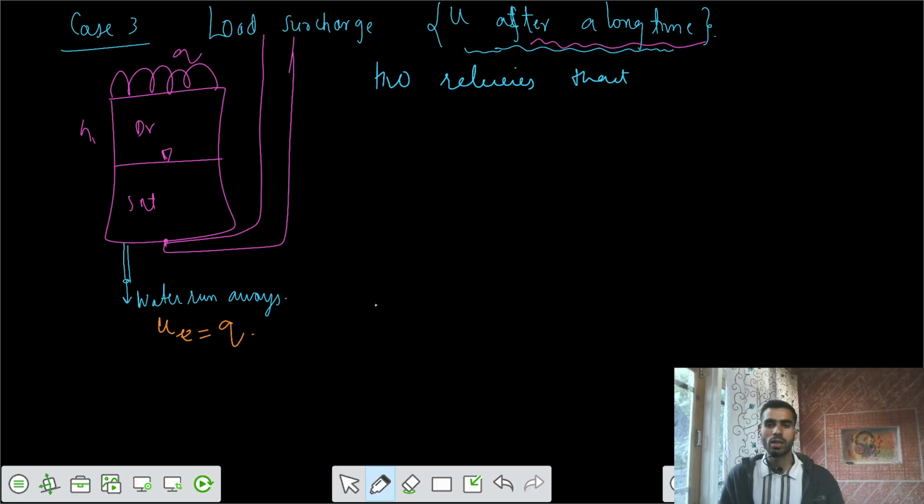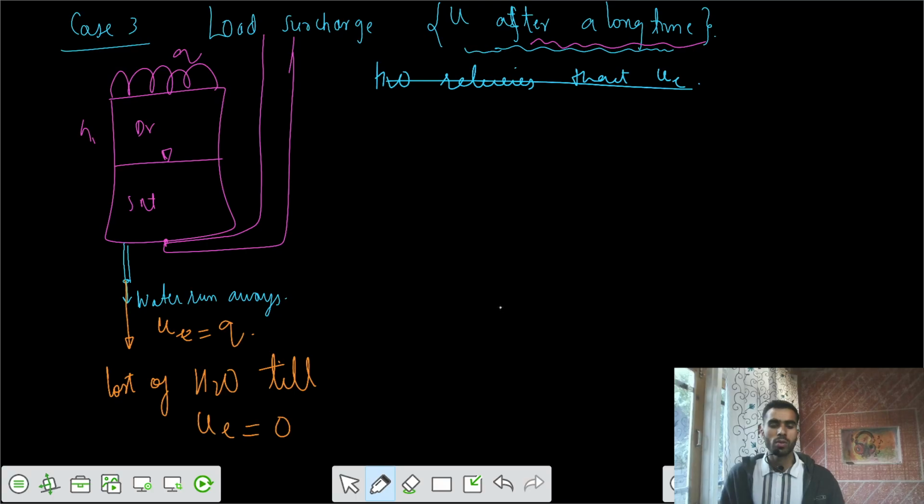Excess pore water pressure. For that, it has to lose water, and the loss of water would continue till your excess pore water pressure becomes 0. We are talking about the pore water pressure after a very long time.